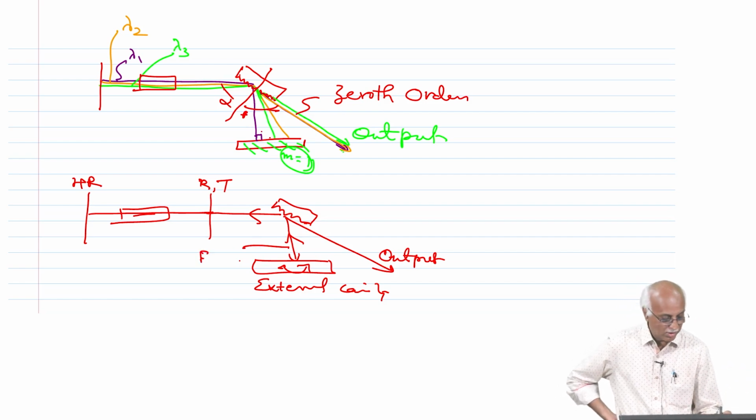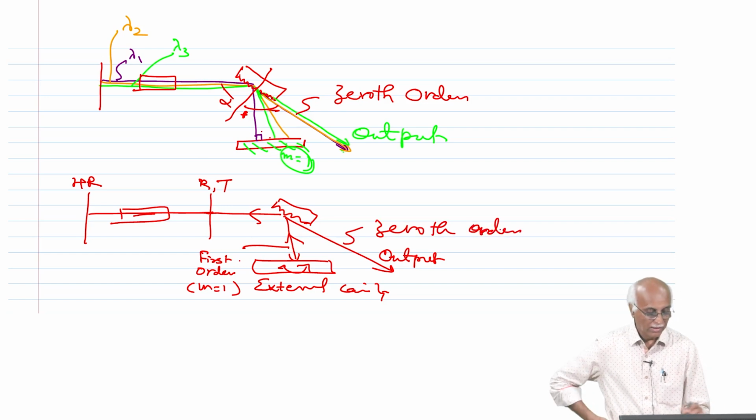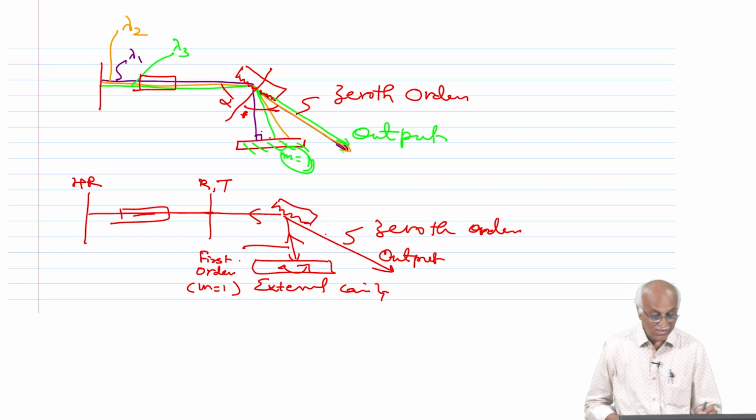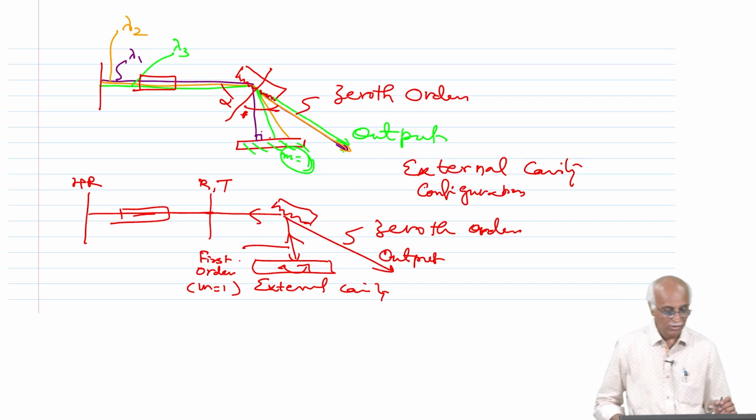So, the m equal to 1 mode provides the feedback, and the 0th order gives the output. This is the external cavity configuration for tuning the laser for a particular wavelength.